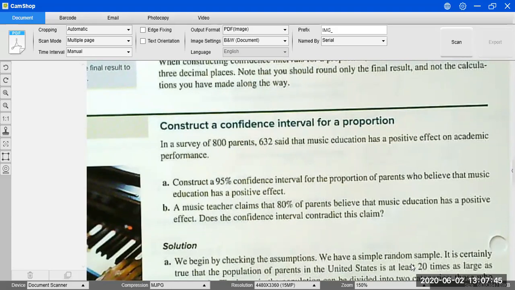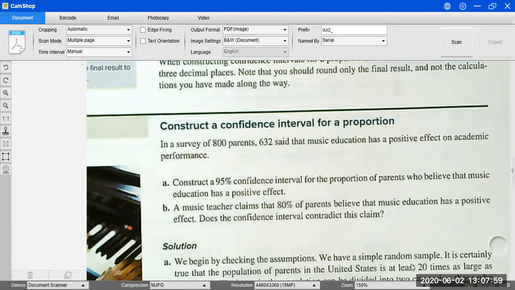has a positive effect. Then we're going to answer the second question, which is about a claim that a music teacher has, which is that 80% of parents believe that music education has a positive effect. So we're going to see whether the confidence interval contradicts this claim or not. How?